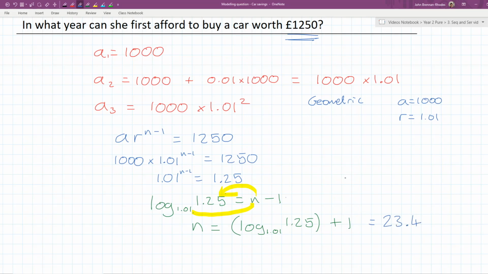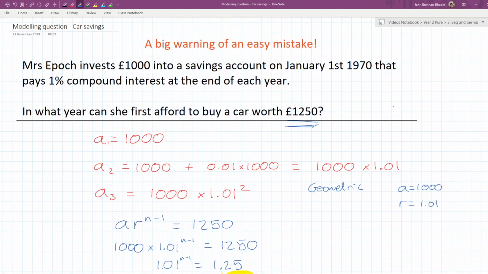Now that will be the point when it is 1250, so it'll actually be the year after when it goes above 1250, when they've got enough. So n is 24. That's the first term where the amount would go over 1250.